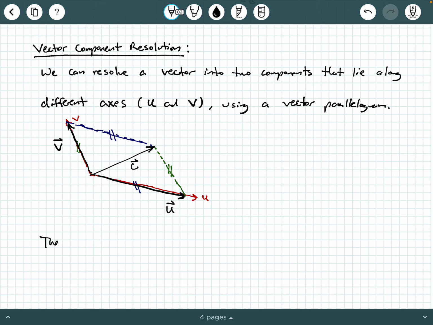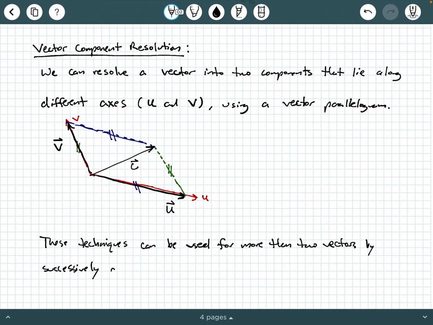So these techniques can be used for more than two vectors by successively adding, I'm going to say, or subtracting, two at a time.